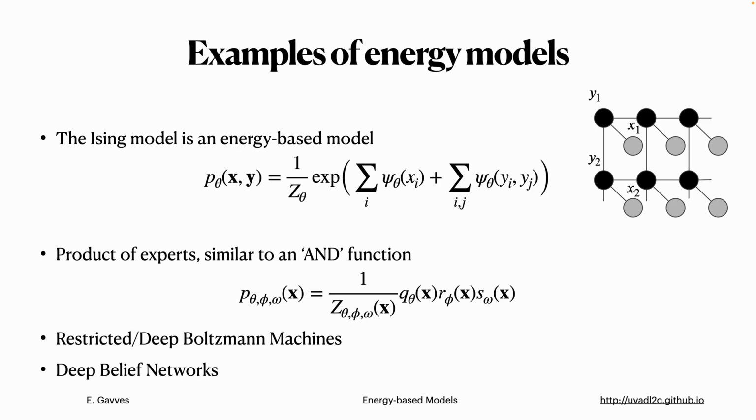Well, one way of doing that is just combining them in an energy-based model formulation. You multiply them, and you divide by their normalizing constant. And restricted deep Boltzmann machines are something we're going to see, a bit more advanced, or at least more sophisticated.